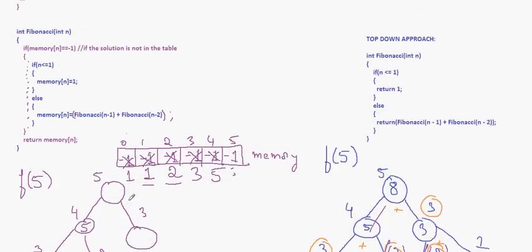So now to calculate Fibonacci of 5, we need Fibonacci of 3. When n is equal to 3, it will check if memory of 3 is equal to minus 1, but memory of 3 is not equal to minus 1, so it will return memory of 3. Memory of 3 is 3, and then 5 plus 3 is 8.